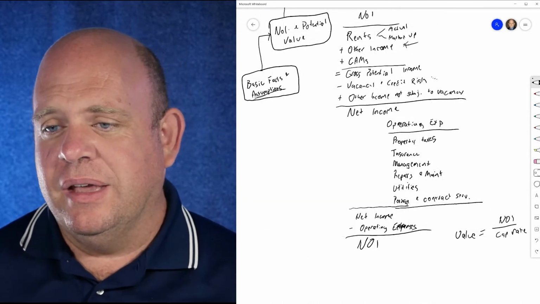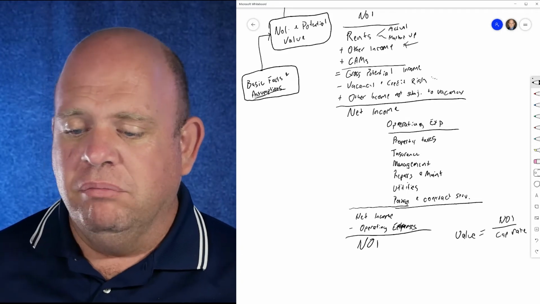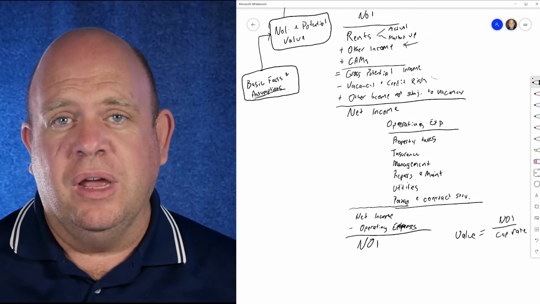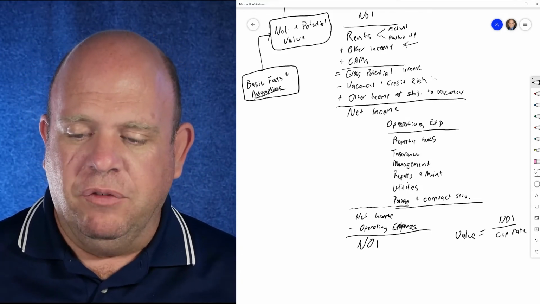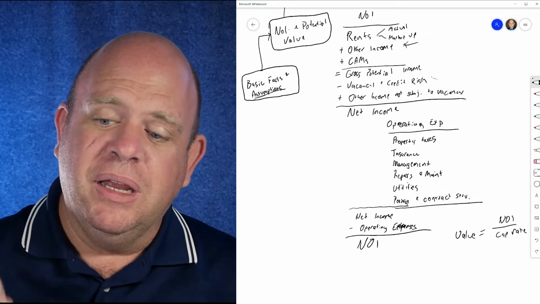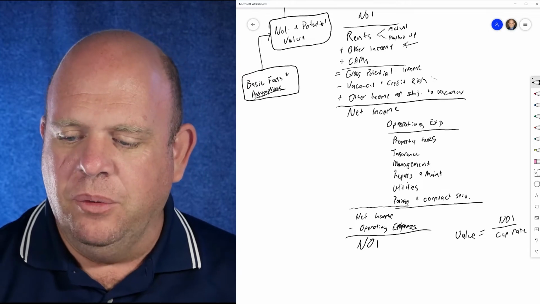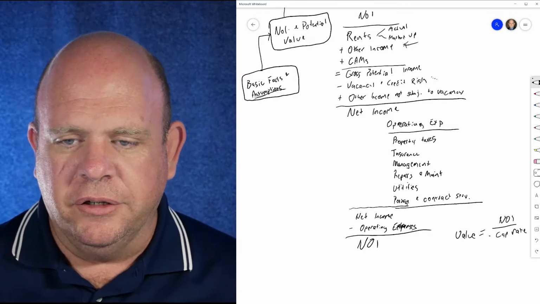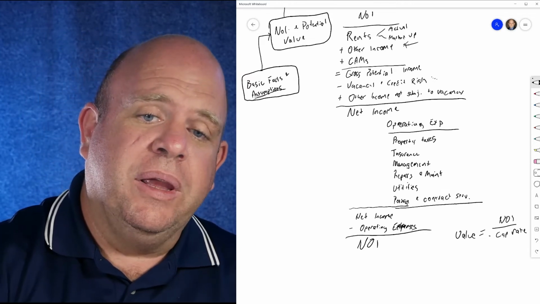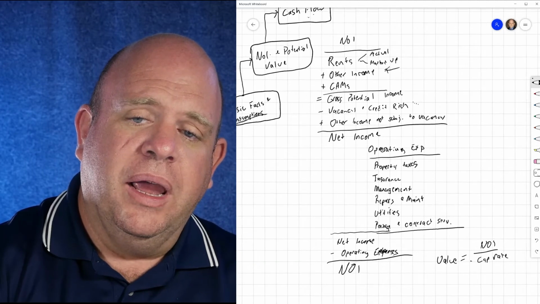So if a building's selling at a 6% cap, then such and such, 7% would be different. If you go up in numbers of your cap rate, the less expensive the value is, because we've got cap rate in the denominator. So that's how we calculate NOI and potential value.